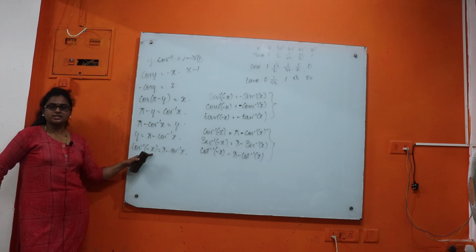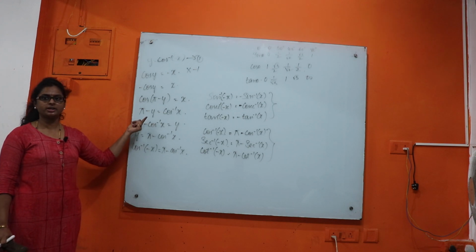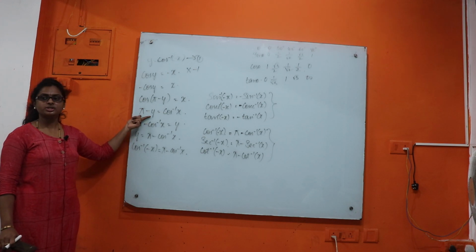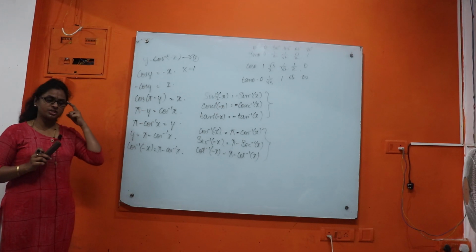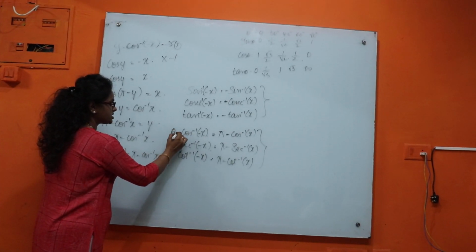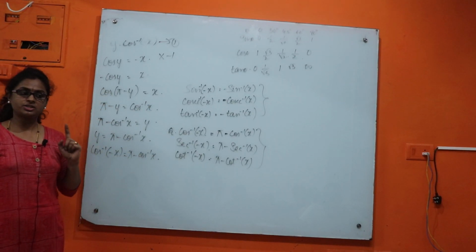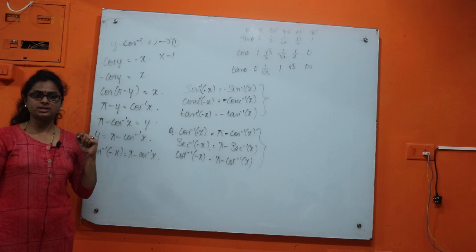Cos inverse of minus x is equal to pi minus cos inverse of x. What is that property we are using here? We are using the property of the quadrants. Just remember, whenever you are up to the mark here, you are using the concept of quadrants. We are sticking on to the second quadrant, pi minus.